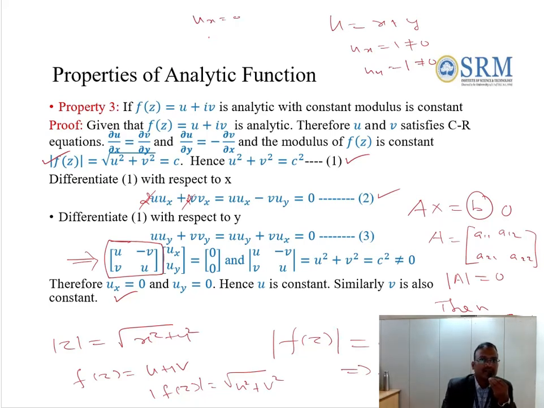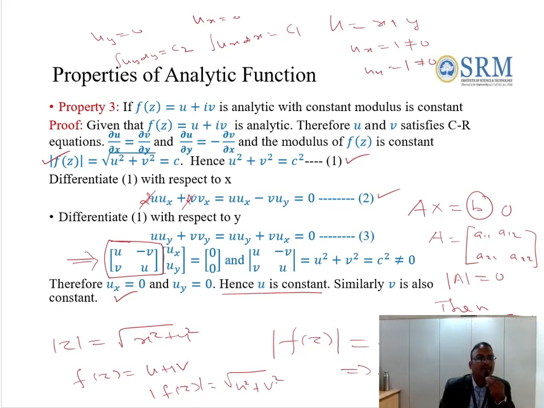But the condition says that ux equal to 0. Then if you integrate it, you will get some constant c1. Similarly, uy equal to 0, if you integrate with respect to y, you will get another constant c2. Therefore ux equal to 0 means there is no x, and uy equal to 0 means the function u does not have y. That is, u must be a constant.